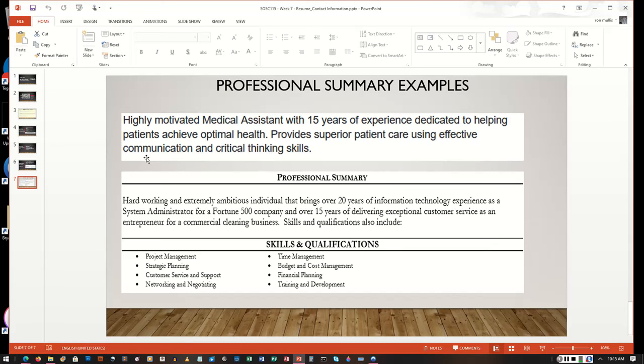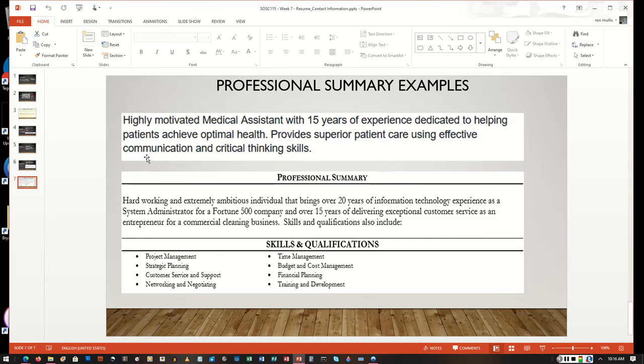And then you see in the skills and qualifications that they have project management skills, customer service and support. They network, they can negotiate, they have time management skills, they can budget, and they can also train and develop people. So you see, these are two different ways of writing a professional summary.